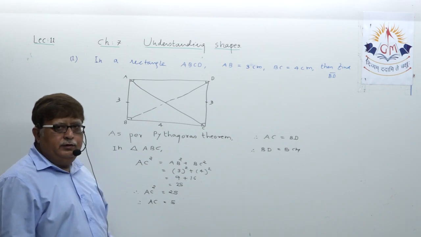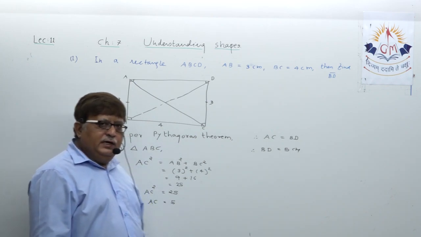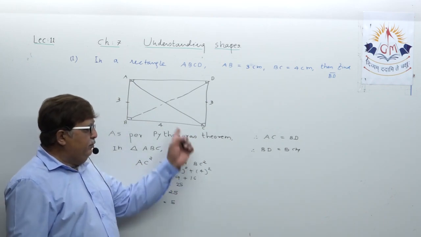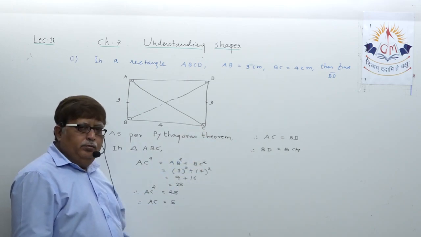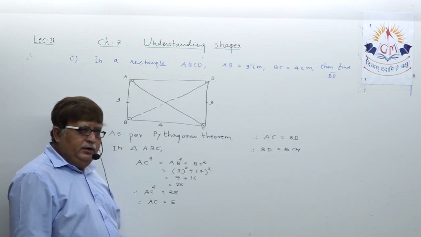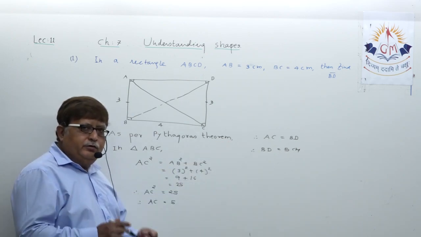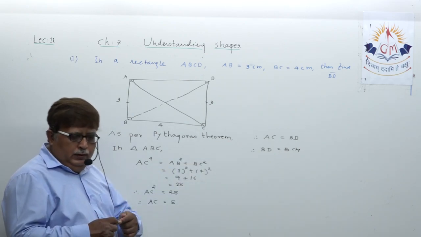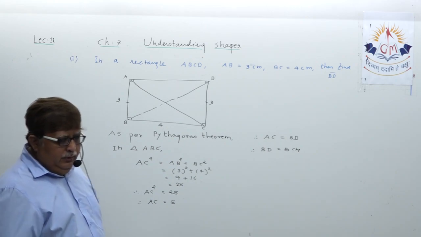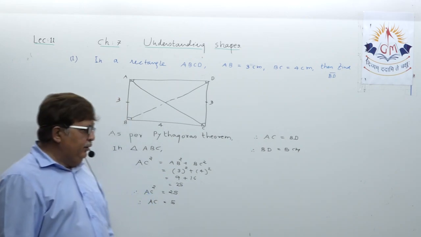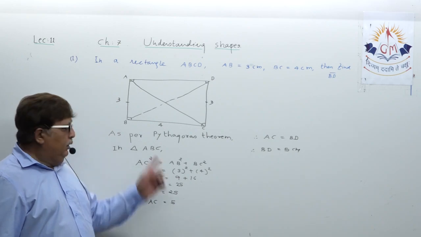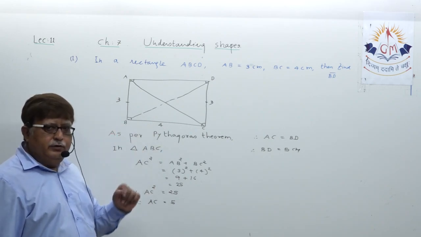Directly also you can find. But why have I targeted this? Because I want to make one property more clear in your mind, that the diagonals in a rectangle are always equal.